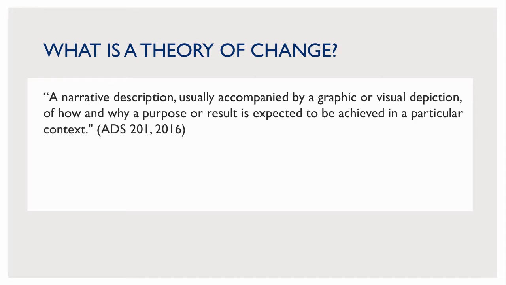The USAID Program Cycle Operational Policy, ADS 201, defines the theory of change as a narrative description, usually accompanied by a graphic or visual depiction of how and why a purpose or result is expected to be achieved in a particular context.